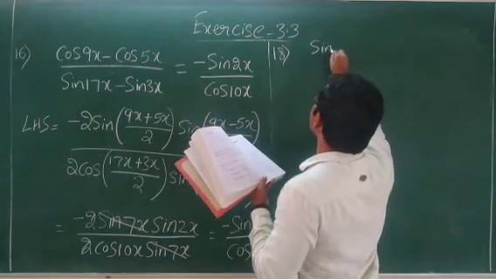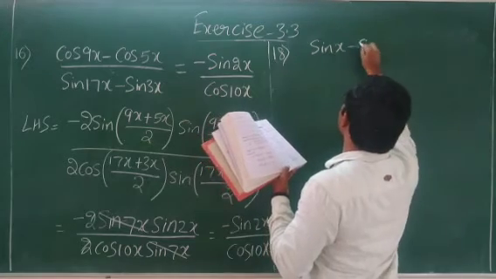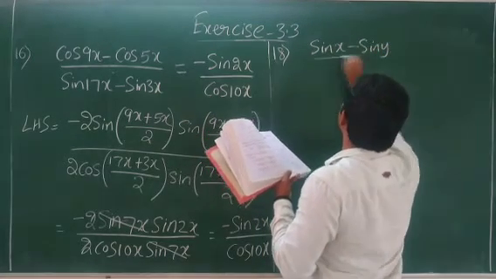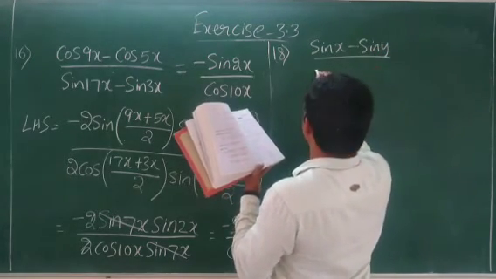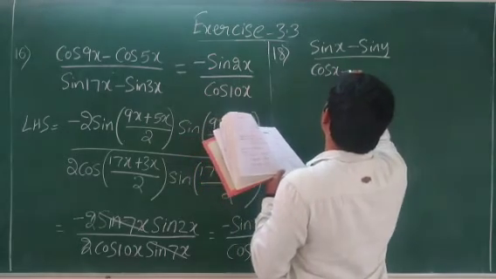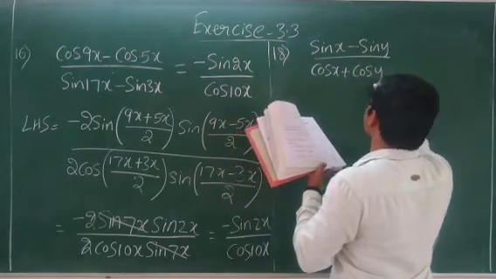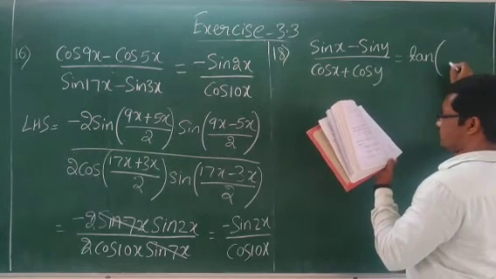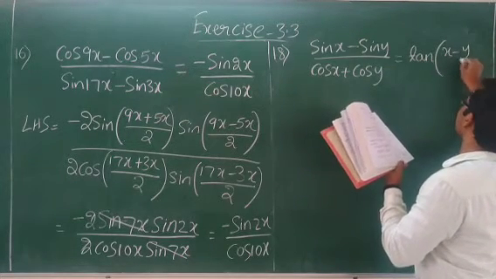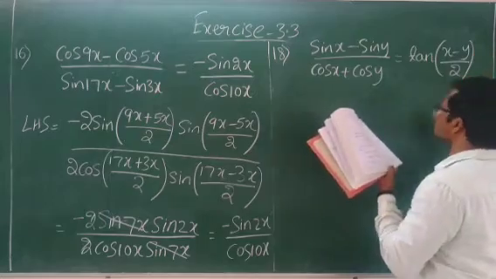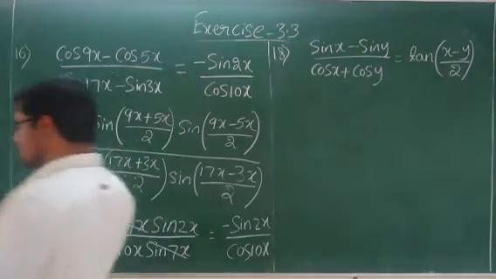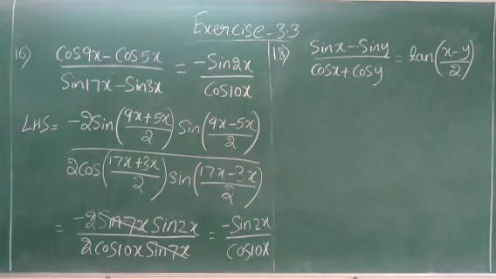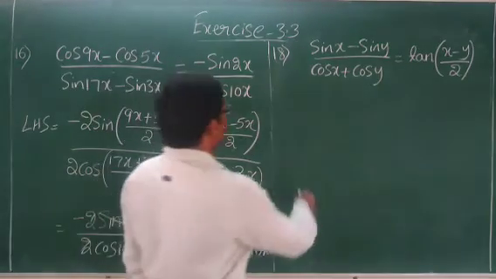18: sin x minus sin y by cos x plus cos y, which is equal to tan of (x minus y) by 2. Again this is also a simple question. Take the sin x minus sin y formula.